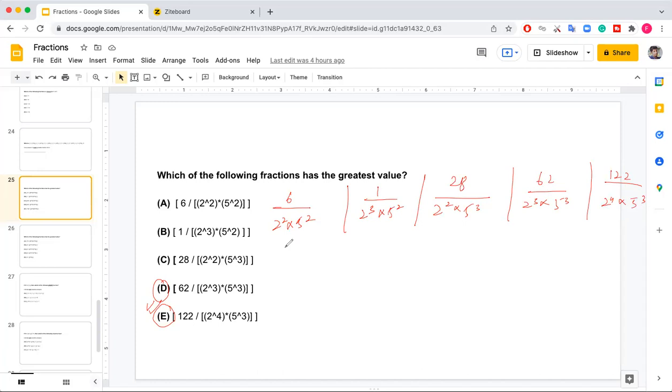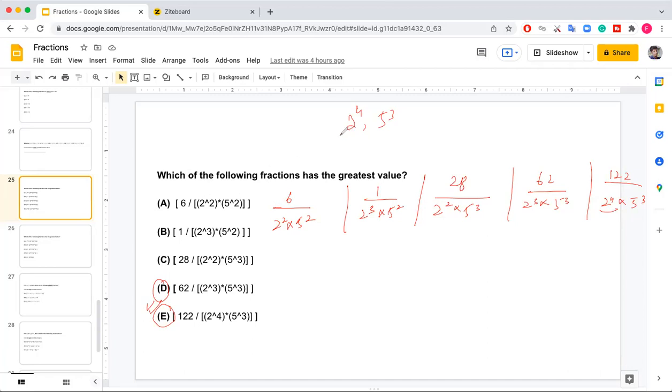So first tell me, what is the maximum power of 2 in the denominator? That is 4. And what is the maximum power of 5 in the denominator? That is 3. If I come up with the same denominator in all of these, then we can straightforwardly tell which one has the maximum numerator, and that will be the greater value, right?